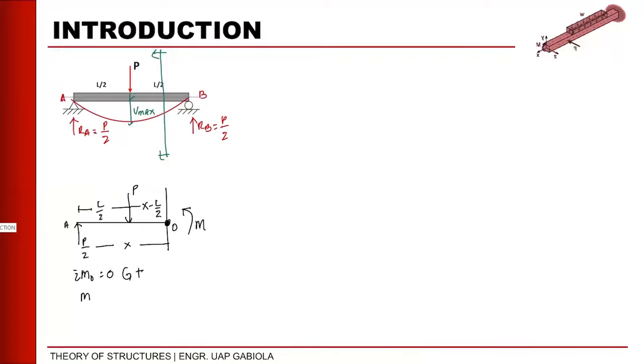So, we have M plus P times (X minus L over 2) minus P over 2 times X is equals to 0. So we will have a value of moment na P over 2 X minus P times (X minus L over 2).